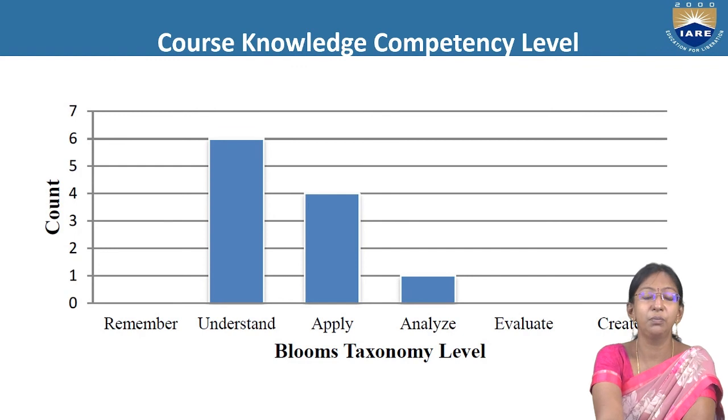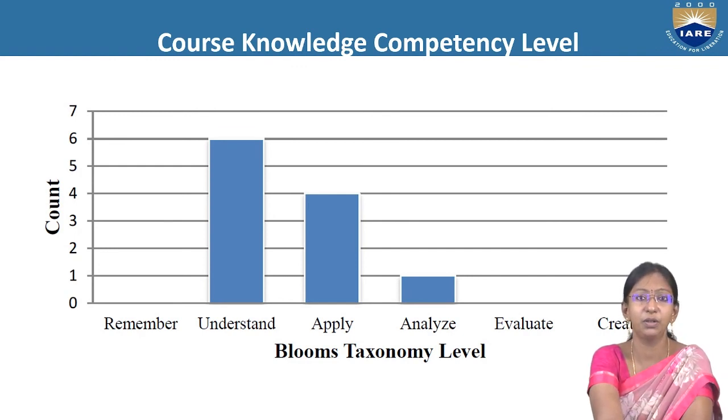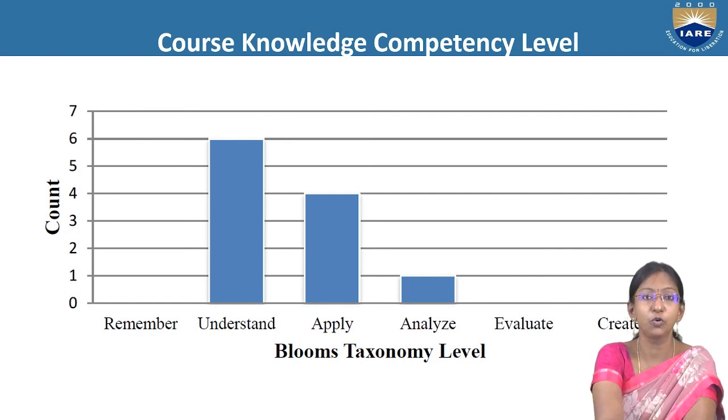Graphs, get the minimum path. Use Prim's algorithm, Kruskal's algorithm, whatever algorithm you are going to use. Get the shortest path from source to destination. That you are going to apply using Python. So whatever you understand, apply it. So even apply gets the crown of being the second winner. That is 4 points. Okay.